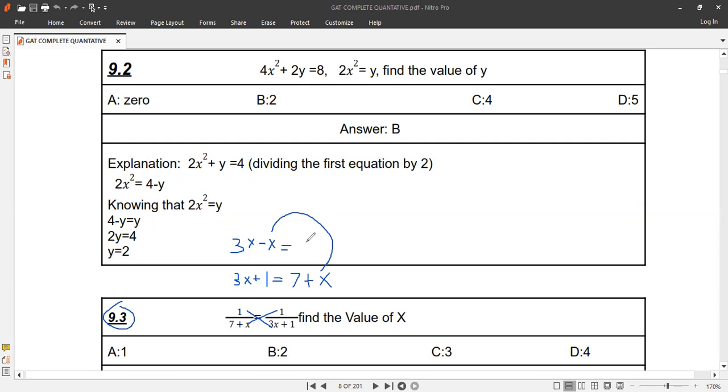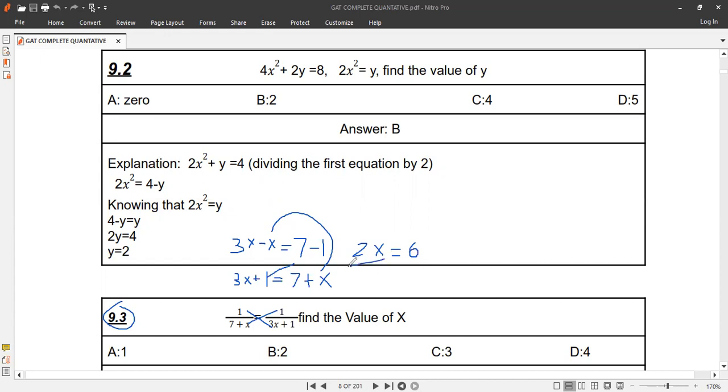Now, on the other side, we put numbers. We already have 7, and we bring the 1 to the other side. It becomes minus 1. So 3x minus x equals 2x. So 2x equals 7 minus 1 equals 6.